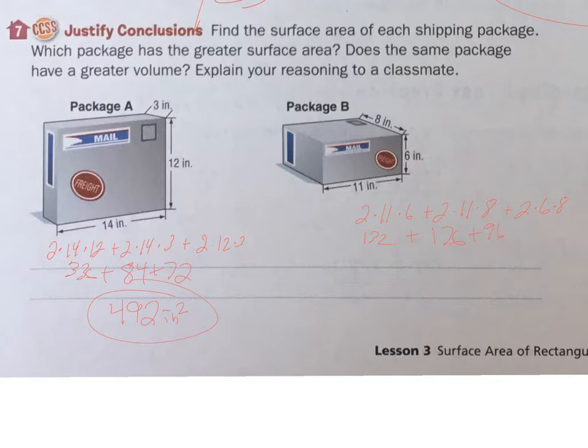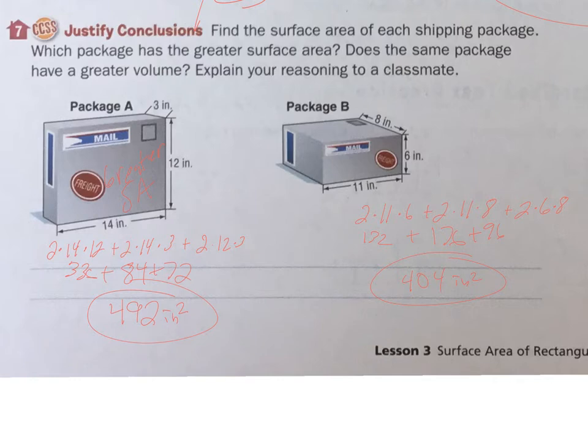Let's add them up. 132 plus 176 plus 96 equals 404 inches squared. So which one has the greater surface area? Package A. So this one has greater surface area. Now let's think about volume.